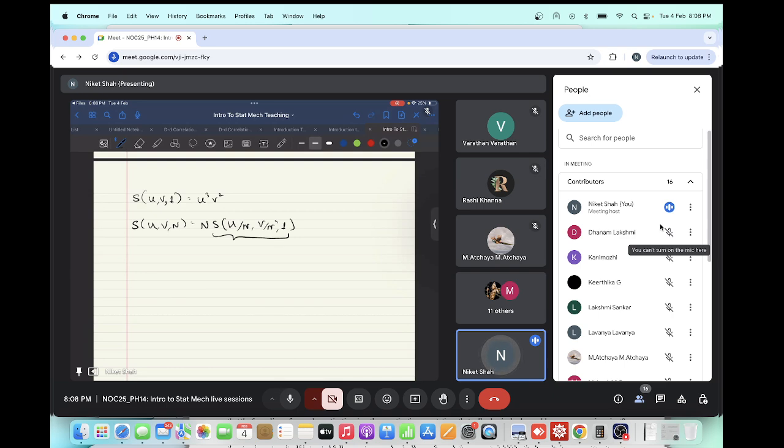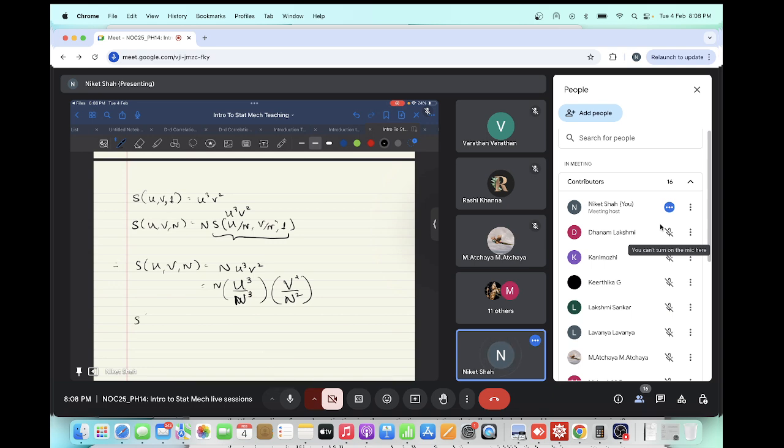And this is basically u cube v square. So therefore the proper full entropy function is S of U, V, N equal to capital N multiplied by u cube v square, which is equal to N into capital U cube upon capital N cube, capital V square upon capital N square.